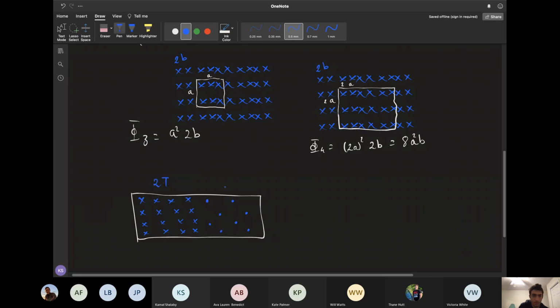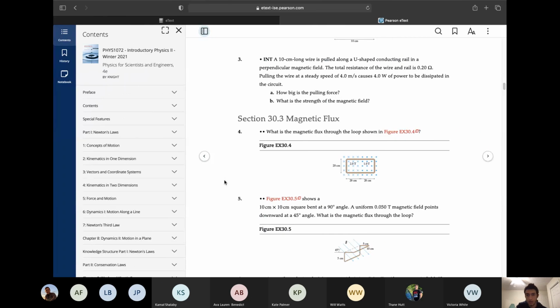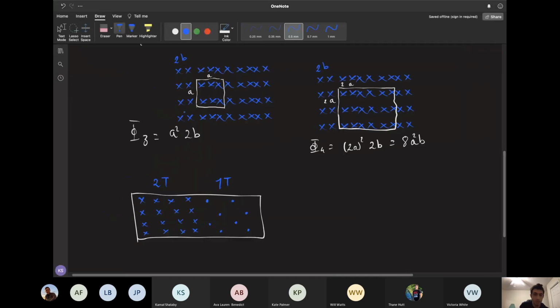This is equal to 2T. This is equal to 1T. This is 20 centimeters, this is 20 centimeters, and that is another 20 centimeters. So what is the total flux equal to? How can we find that?